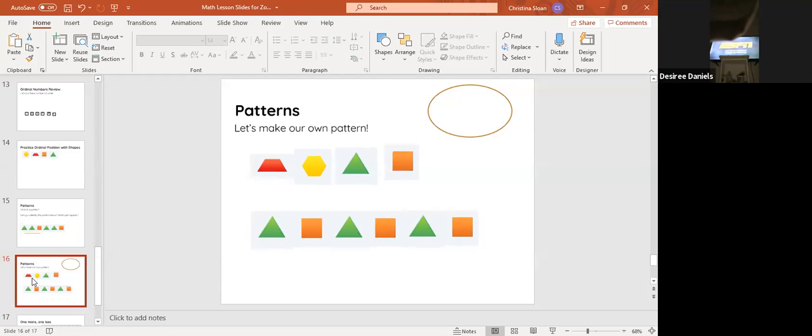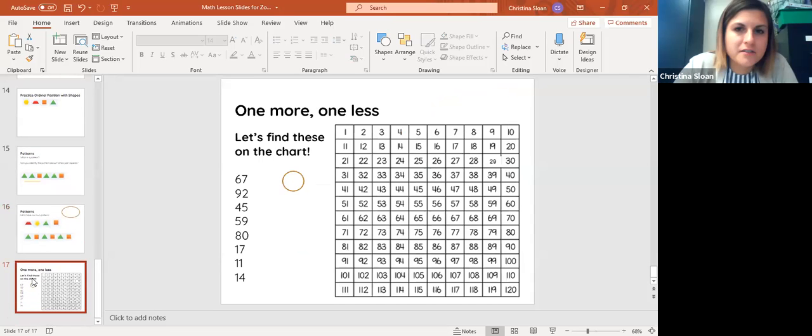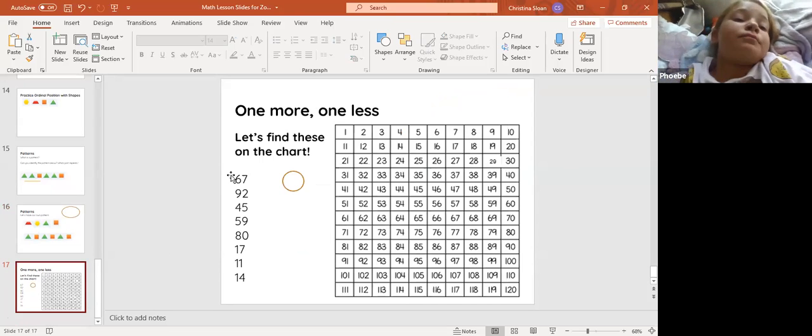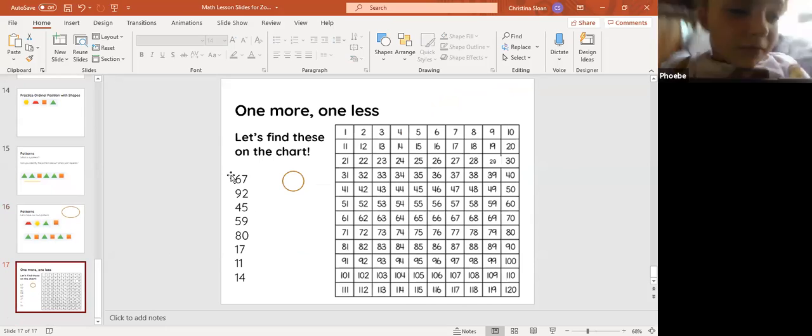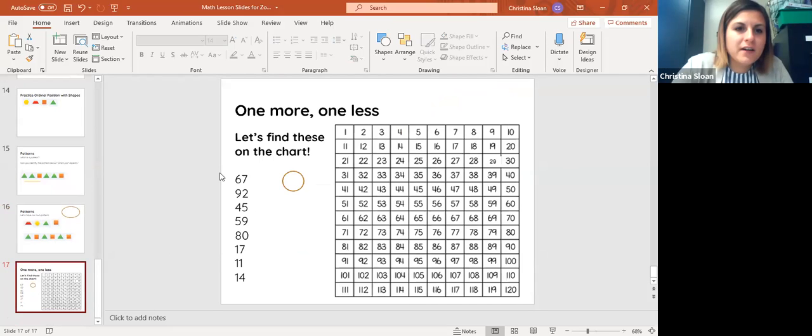So nice job. I think you are all doing really great with those patterns. All right. Now we are going to practice finding one more and one less. So Phoebe, if we wanted to find one more than a number, would we go to the right or would we go to the left?